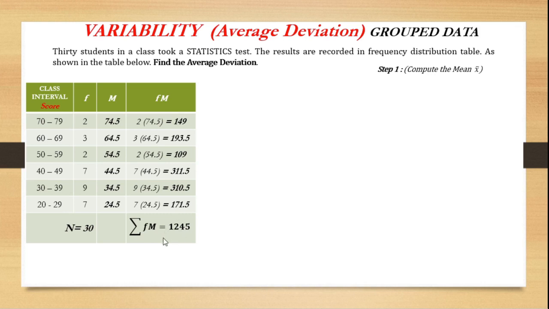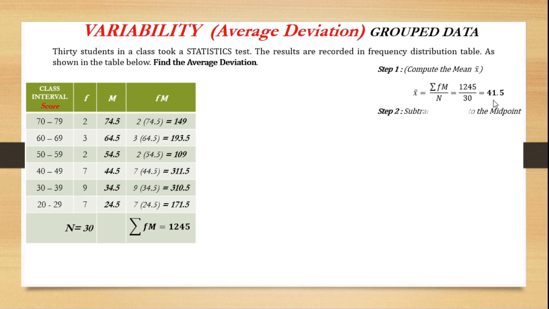Now we can compute our mean, which is equal to the summation of FM divided by n, where n is the total number of cases or the total number of frequencies. Substituting the values, we have 1,245 divided by 30. Our mean is 41.5.